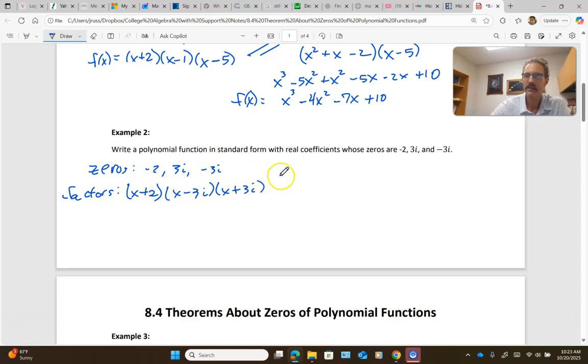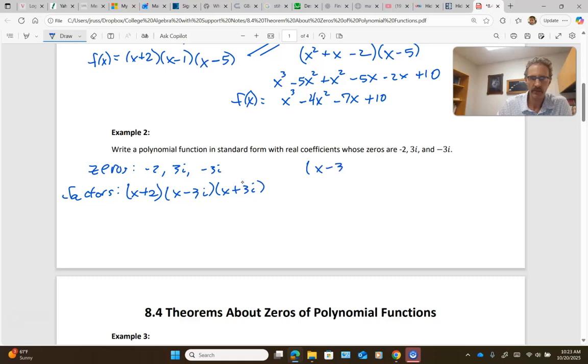Okay? And so now, to construct our polynomial, or to express it in standard form, we just need to multiply all these together again. But I'm going to give you a tip here. If you have any with imaginary zeros, go ahead and multiply those corresponding factors first.